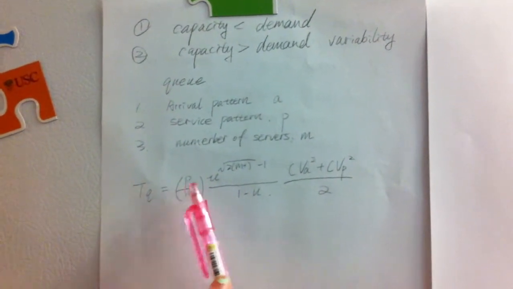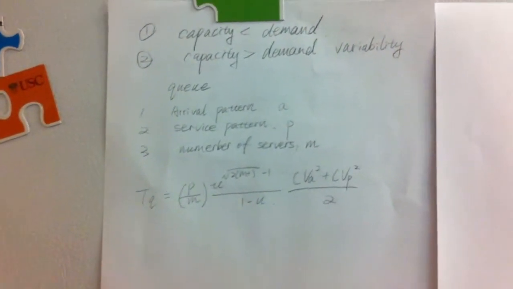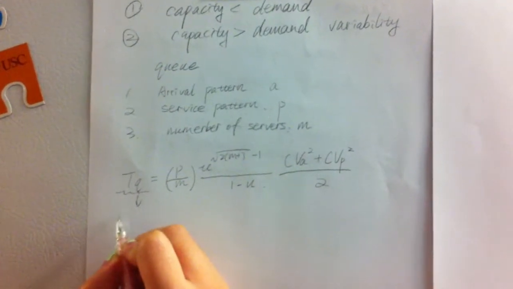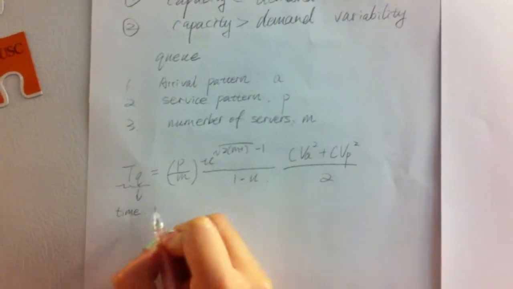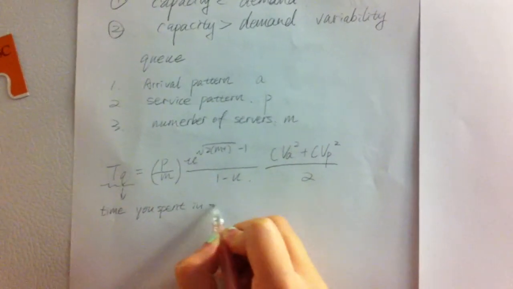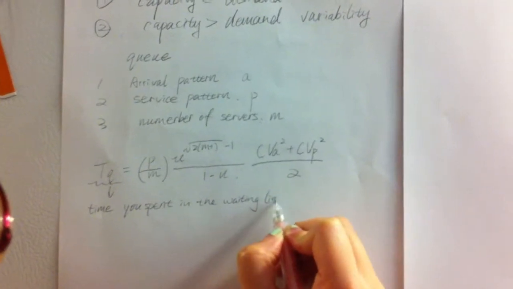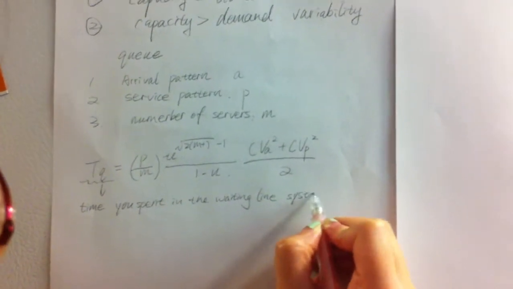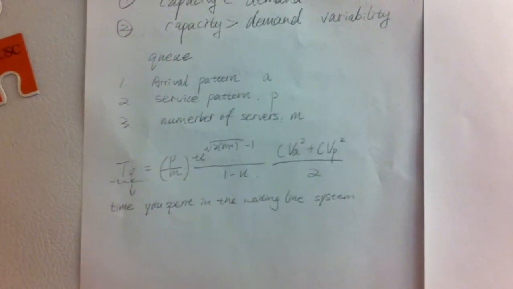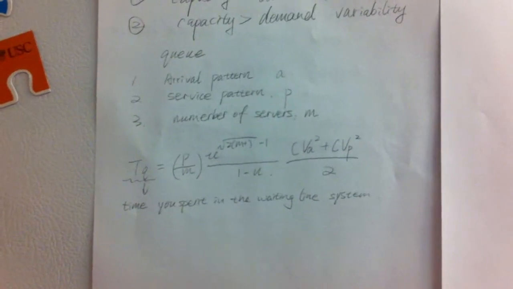So we already described P and M, the service time and the number of servers. TQ basically means the amount of time you spend in the waiting line system. This is the time from once you enter the waiting line to when you exit the waiting line.